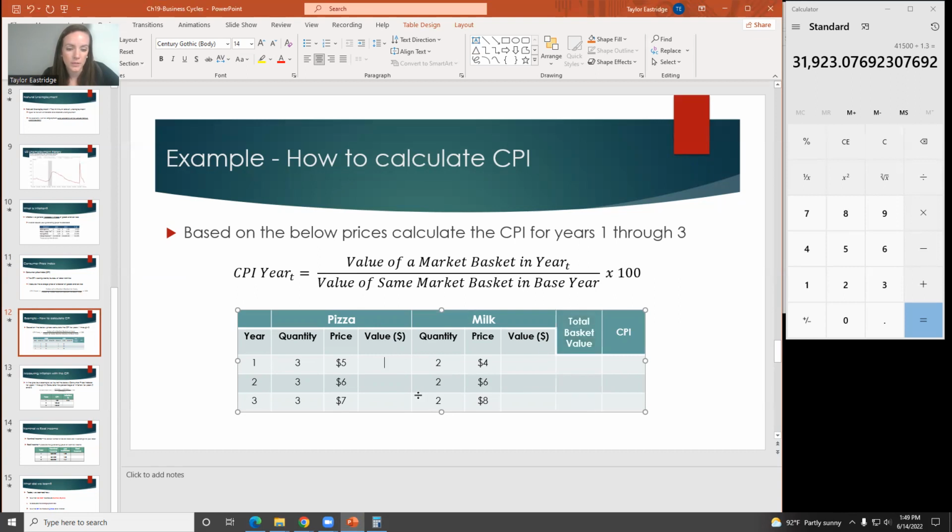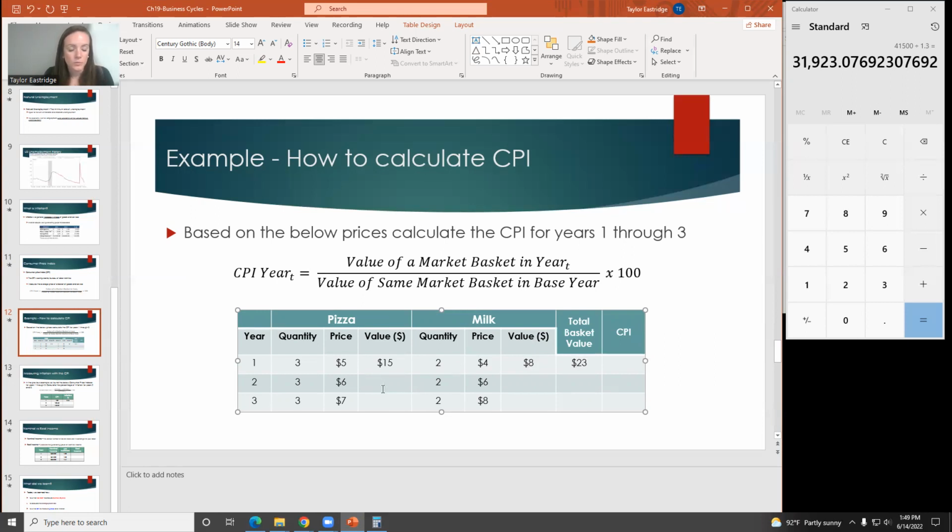So we'll start year by year. In year 1, we are selling 3 pizzas at $5 a pizza and 2 gallons of milk at $4 a gallon. So the value of pizza in year 1 is $15. The value of milk in year 1 is $8. So our total basket value for year 1 is the value of our 2 goods, 15 plus 8, which is $23.